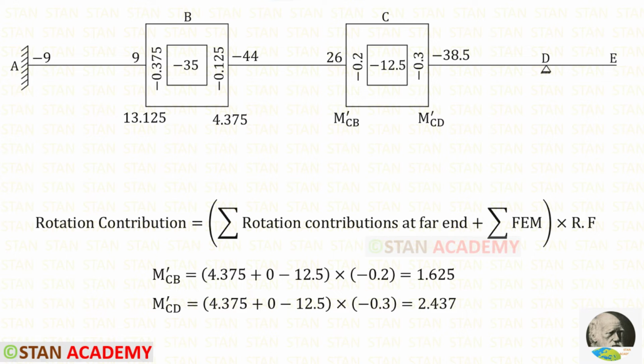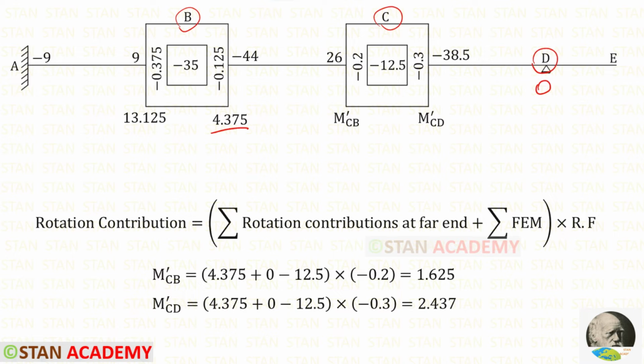Now let us find the rotation contributions in the joint C. For the joint C, the far ends are the point B and the point D. In the point B, we have the rotation contribution 4.375 and in the point D, the rotation contribution is 0 because we have released DC.